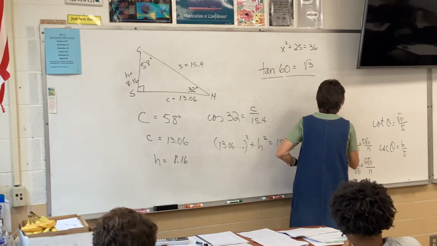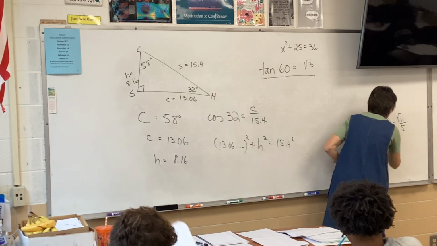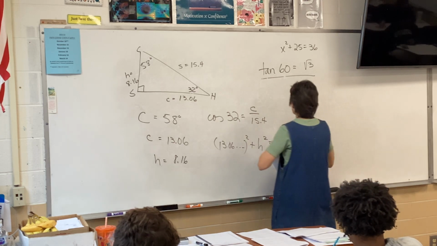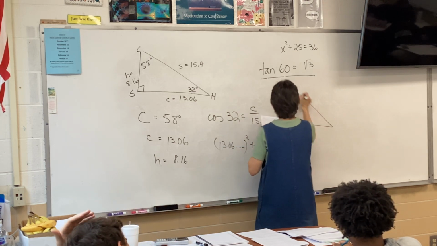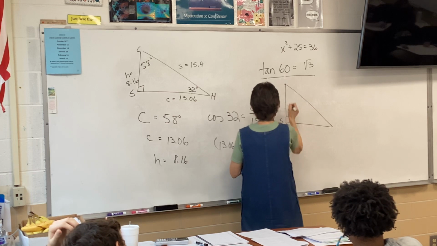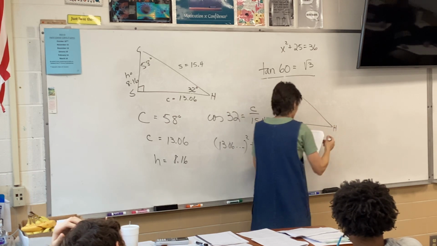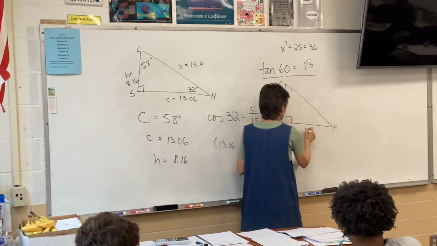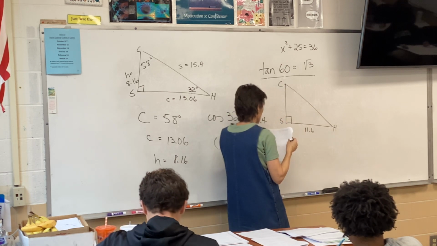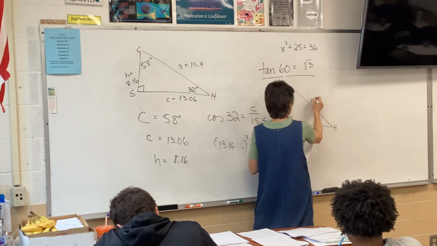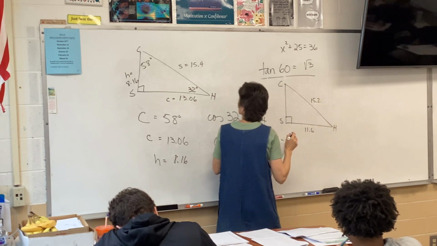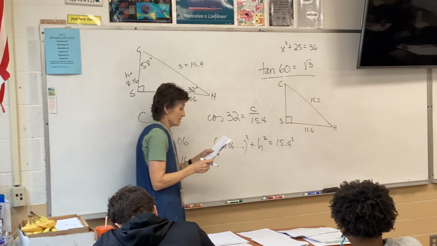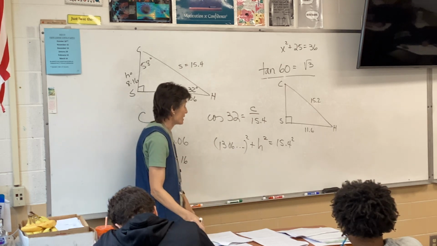All right, one more, number 5. Another triangle to solve. We're told that c, and that's a little c, is 11.6, and little s is 15.2. And our job is to solve the triangle.